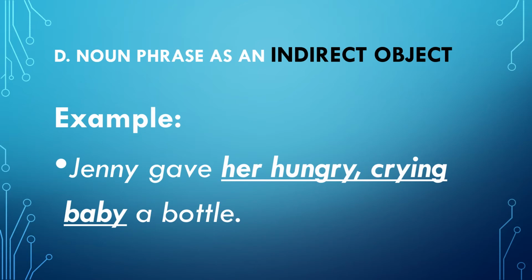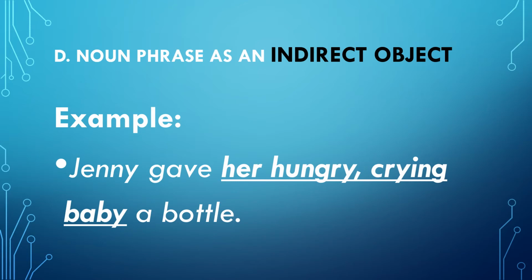Let me give you an example. Jenny gave her hungry, crying baby a bottle. So remember that an indirect object indicates to whom or for whom the action of the verb is performed.